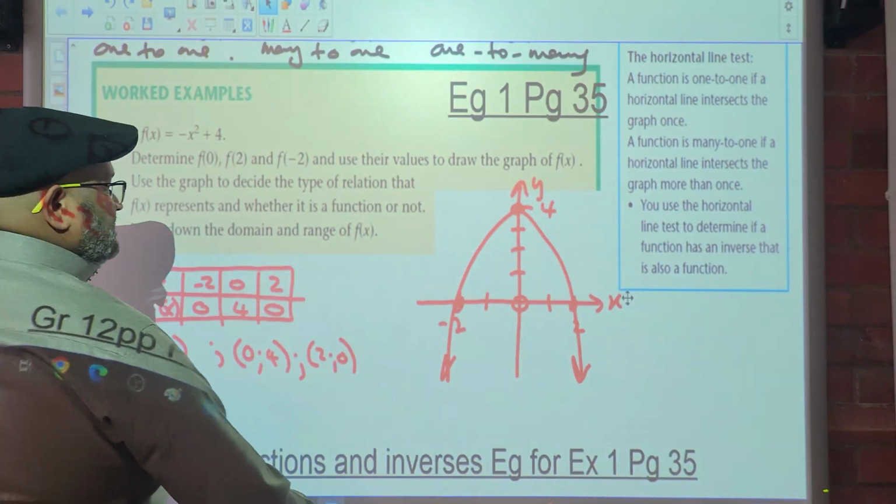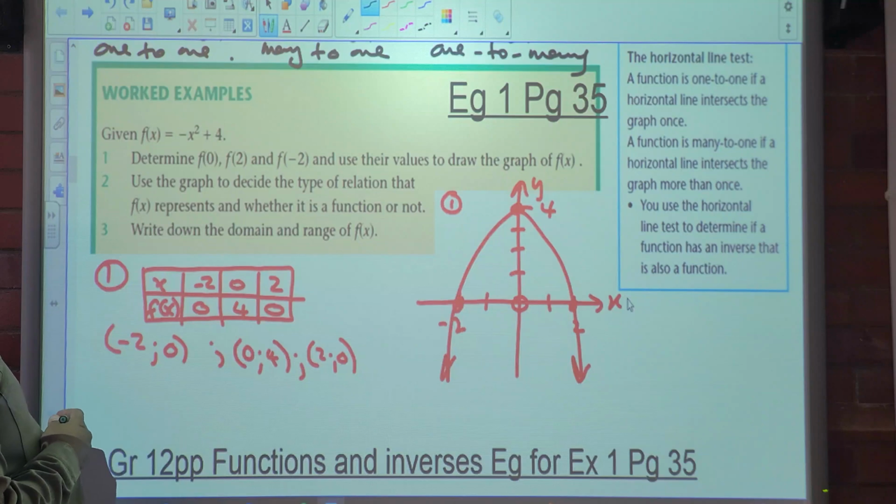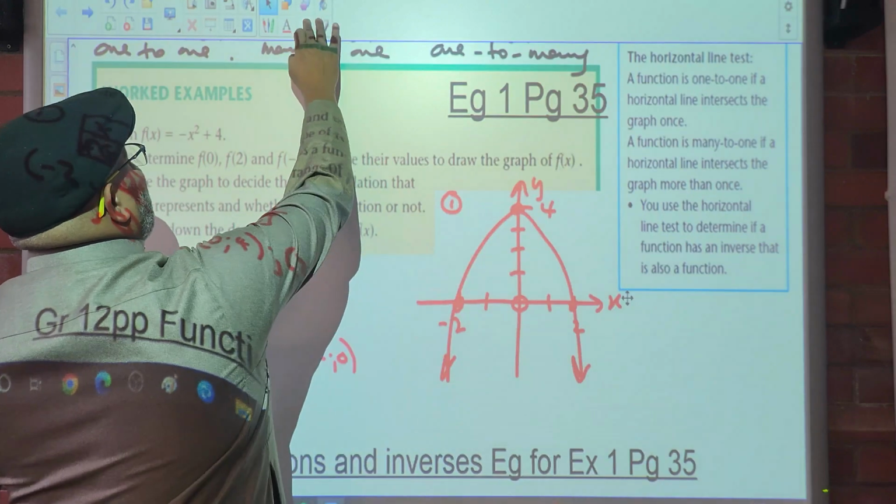Let's look at the second part of the question. Number 2 says, use your graph to decide the type of relation that f of x represents and whether it is a function or not. Alright, so what we do is we use our vertical line test.